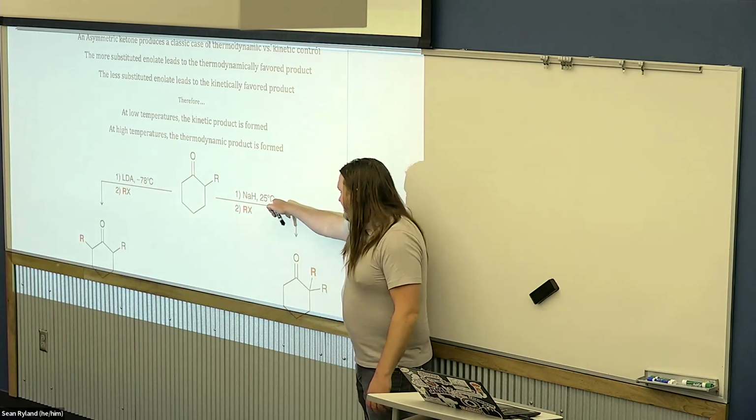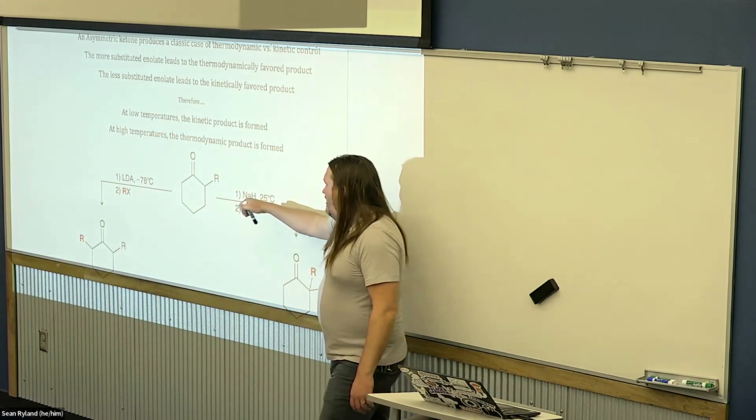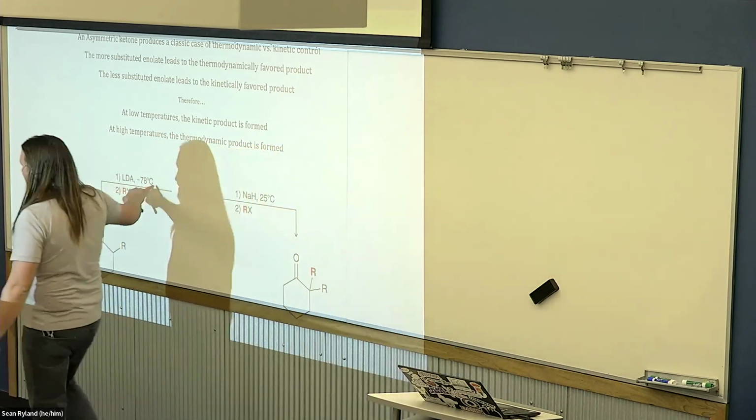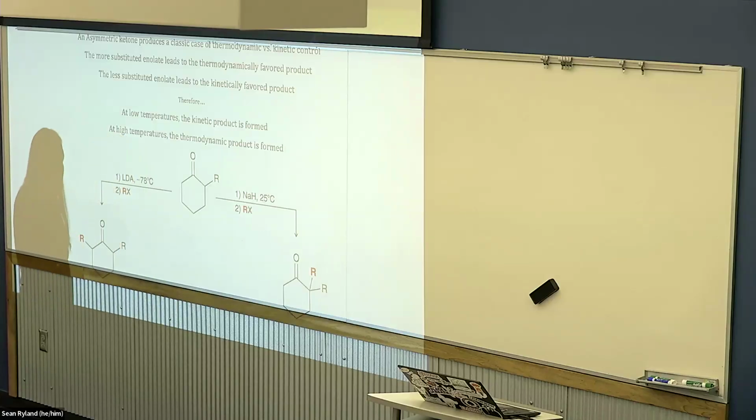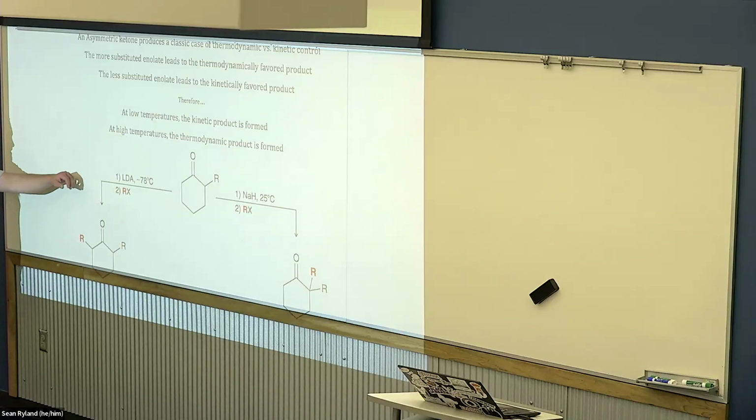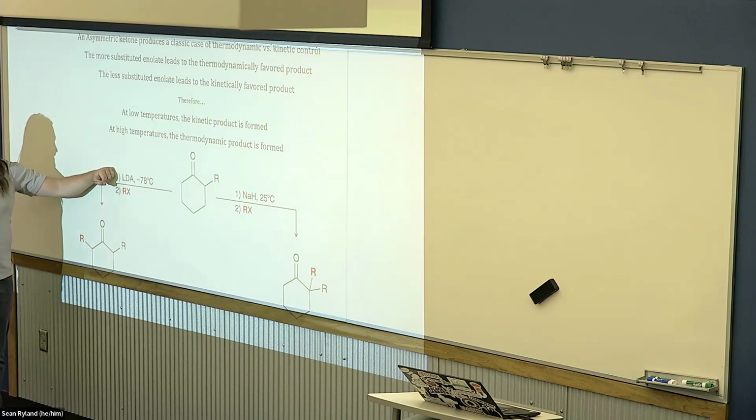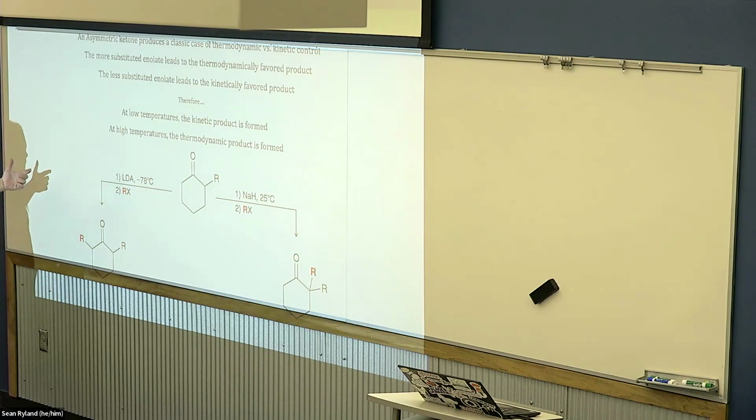Versus 25 Celsius. Once we make the irreversible enolate formation, we don't need to worry about keeping it at that temperature, because if we're doing this irreversibly, then we just need to make the enolate and it'll stay in that form.